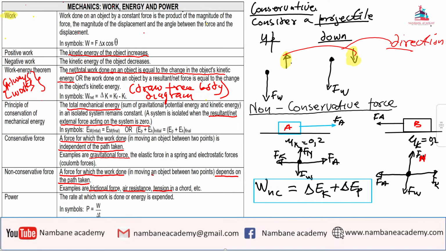Let me emphasize that. Time must be in seconds, and work must be in joules, just J. And the SI unit of power is the watt. It's as simple as that.